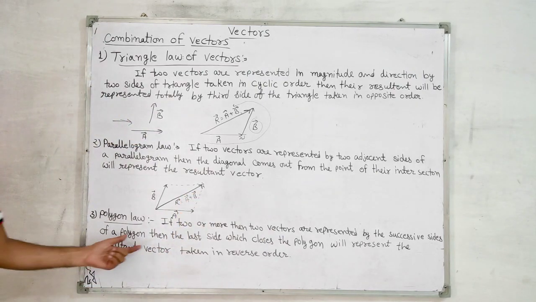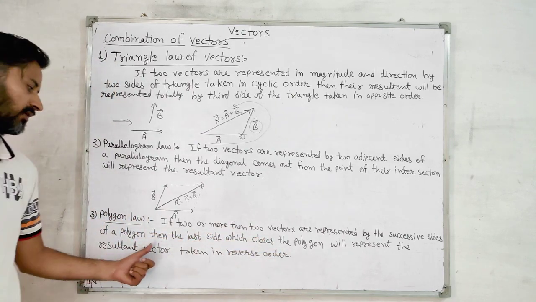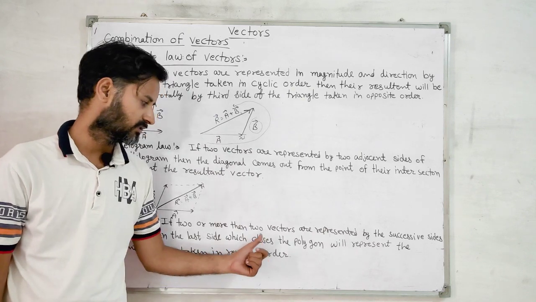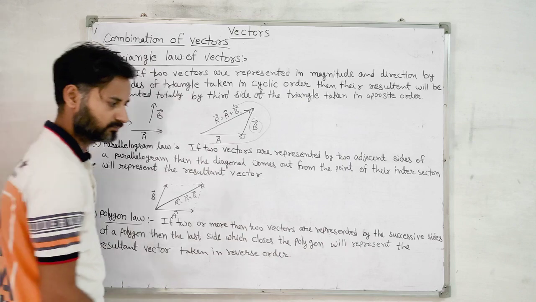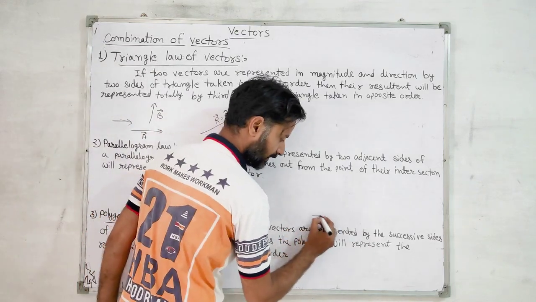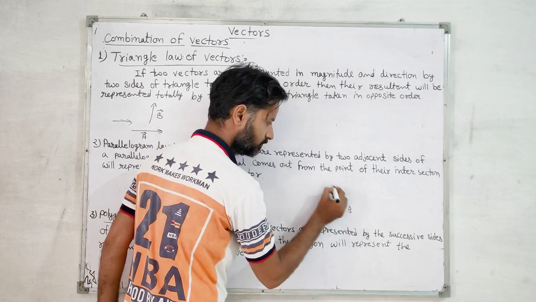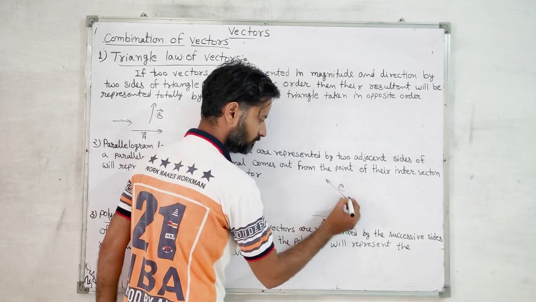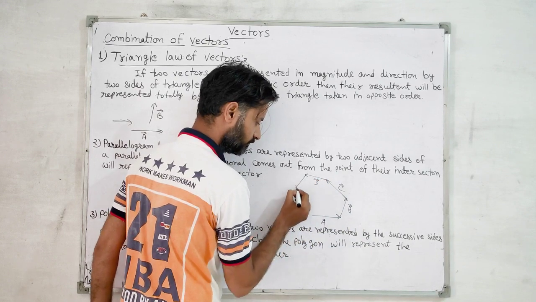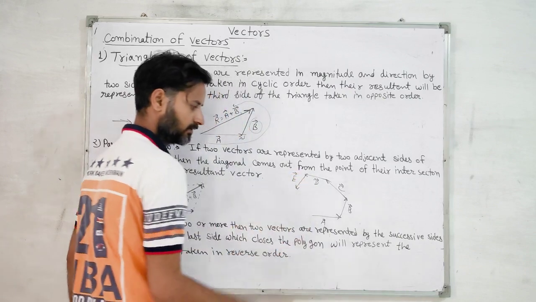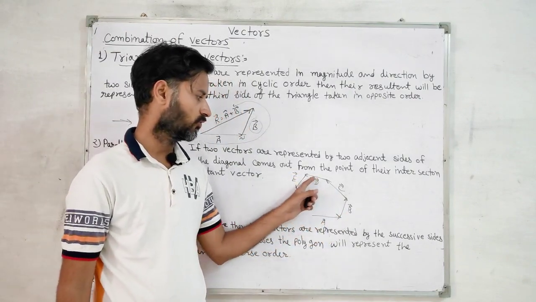And in the polygon law, if two or more vectors are represented by the successive sides of a polygon, then the last side which closes the polygon will represent the resultant vector taken in reverse order. We have A vector, B vector, C vector, D vector, E vector, here 1, 2, 3, 4 and 5.